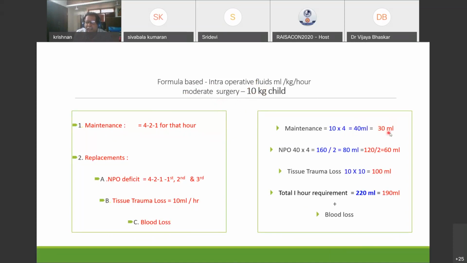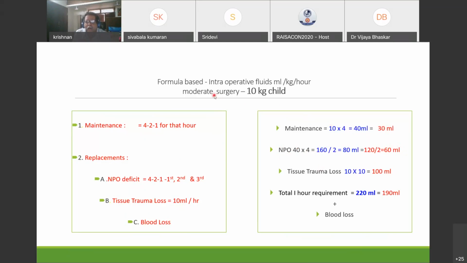So that will be 30 ml per hour. My patient was nil oral for 4 hours. So if we calculate for 4 hours, it will become 160 ml. Half of it will be 80 ml, but I am restricting it. So I'll be giving only 60 ml for the nil per oral for the first hour. 30 ml will be for the second hour, another 30 ml will be for the third hour.